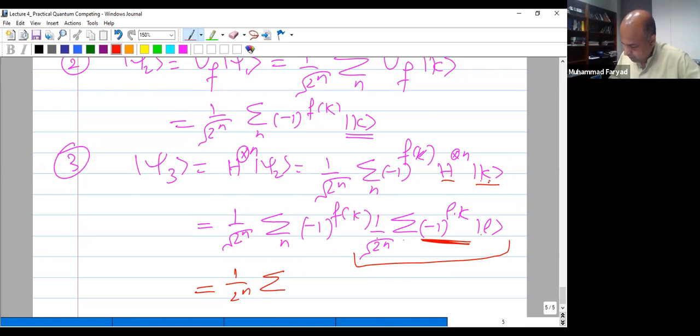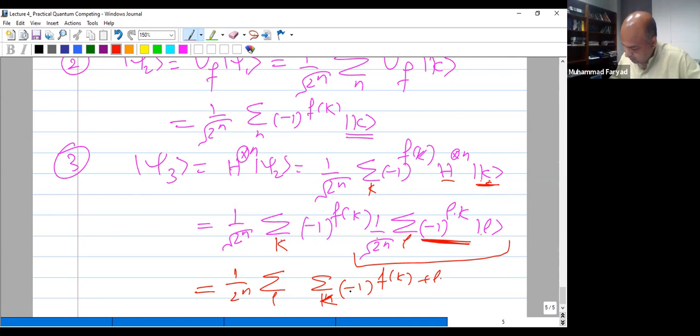Let's shift this sum over l to here, and we have this thing: sum over (-1)^(f(k)+l·k). The sum that I have written over n should actually have been the sum over k, because the running state here is k, so the index is k.